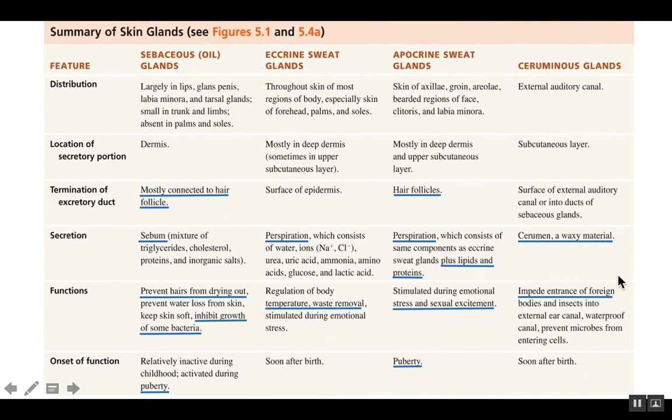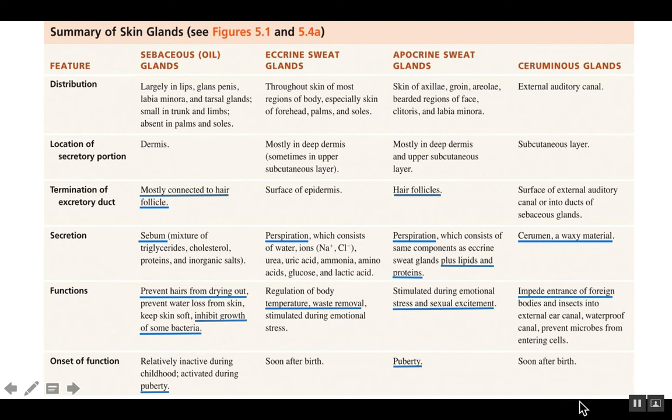So any kind of material that might float into the ear canal will stick to this material and will not enter the ear. So it's used to protect you. It's kind of scary to think that insects might crawl into your ear canal, but if they do, hopefully they stick in this earwax. And these function pretty quickly after birth.